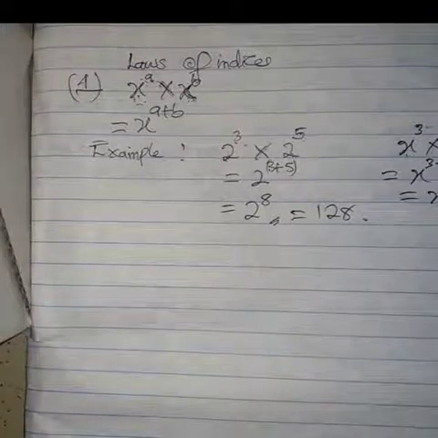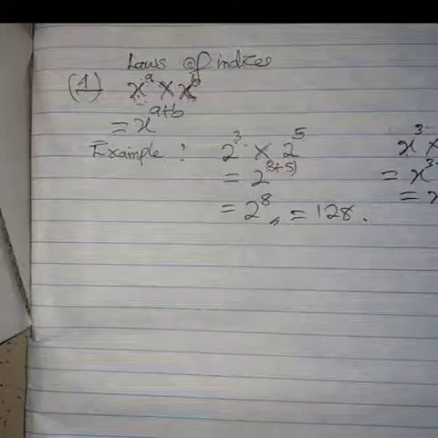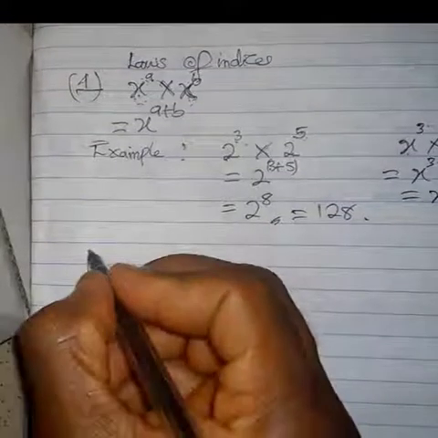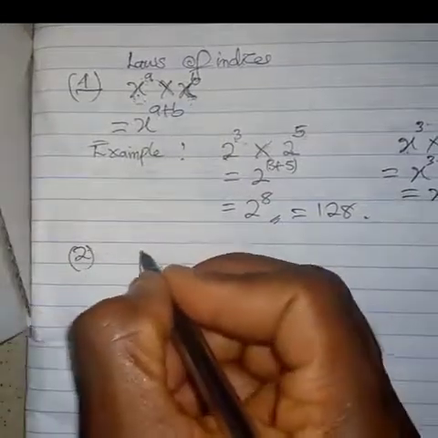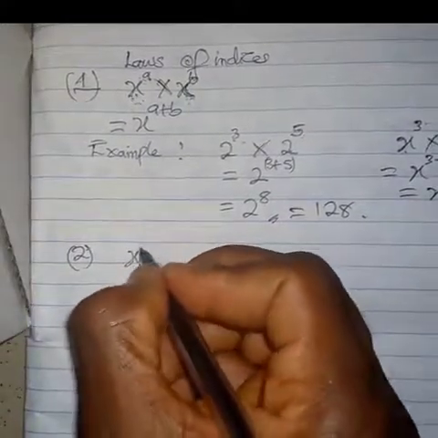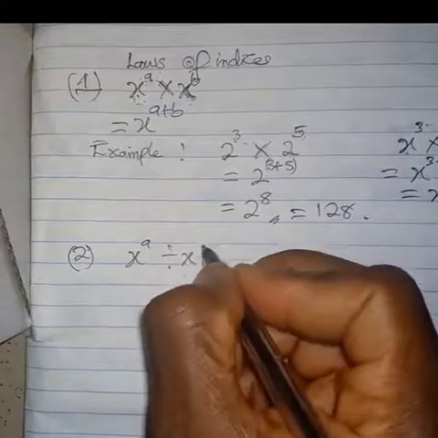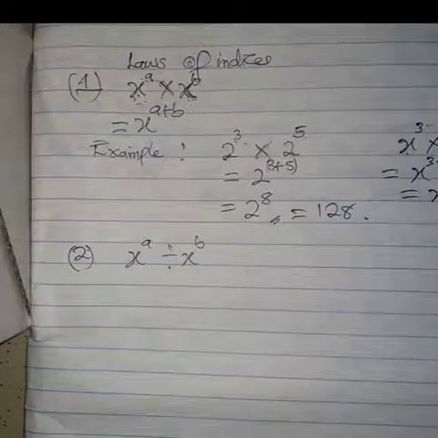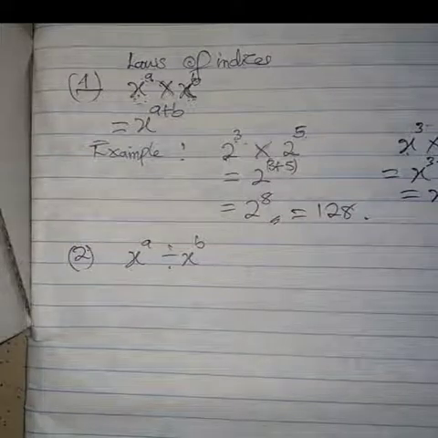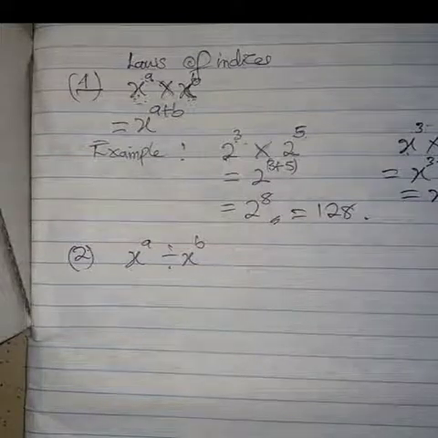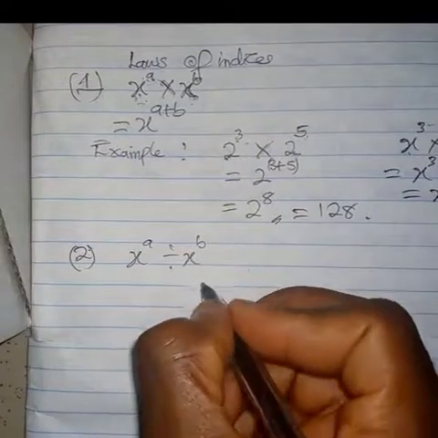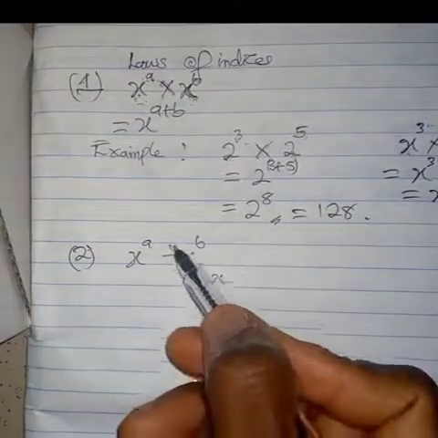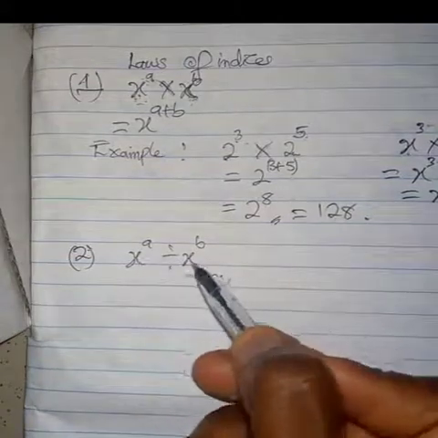There are other laws of indices. I told you there are 7 laws I will give you today, but this is the first law. The second law of indices states that if you have an expression like x raised to power a divided by x raised to power b, all you just need to do is pick one of the x, almost like the first one. You see a division sign connecting these two terms.